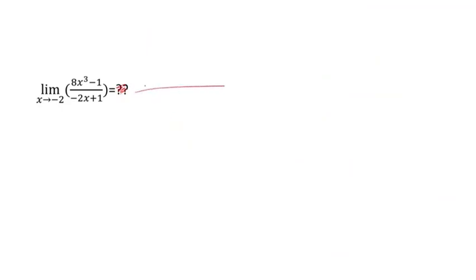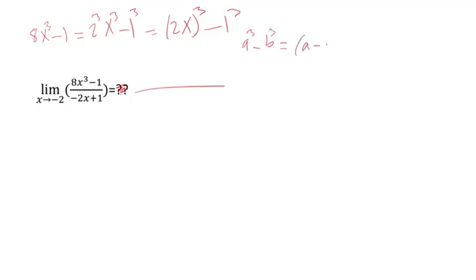So here's another identity. If you notice 8x cubed minus 1, because I know 2 to the power 3 is just 8, and 1 cubed is just 1, then I can write this as 2x cubed minus 1 cubed, and I can take advantage of the identity a cubed minus b cubed is the same as a minus b times a squared plus a times b plus b squared.